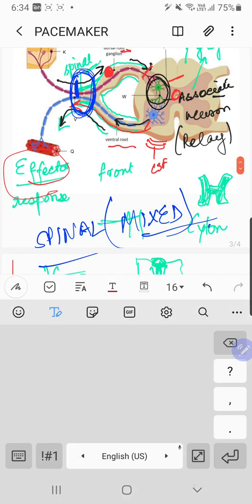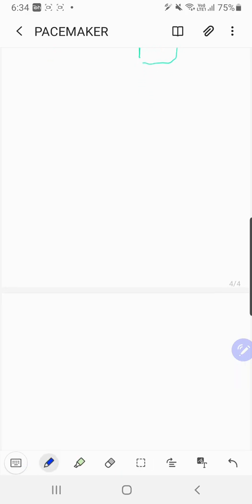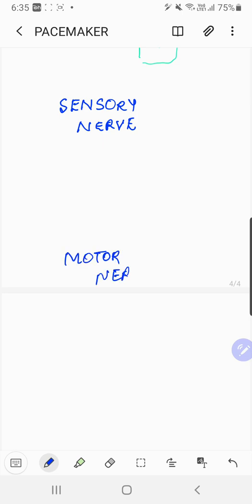Just hold on, I'm creating some space here. So when you have to write the path of reflex action, you talk about the sensory neuron or nerve, right? You talk about the motor nerve, fine.